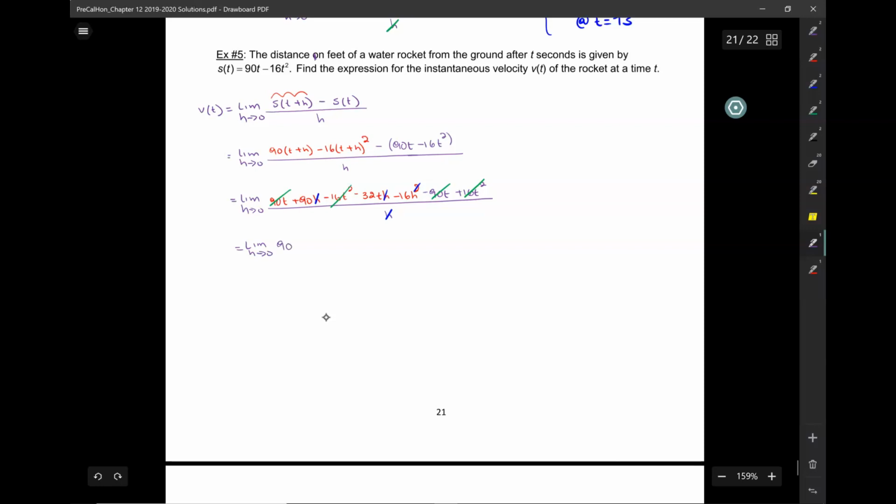So this is 90 minus 32t minus 16h, and then when I plug in h approaches 0, I get that v of t is equal to 90 minus 32t. Because this was saying find the instantaneous velocity of the rocket at any time t, there is no value for t to plug in, so that is the answer right there.